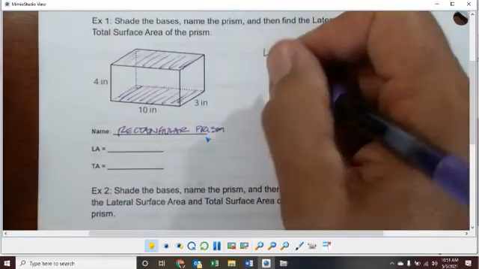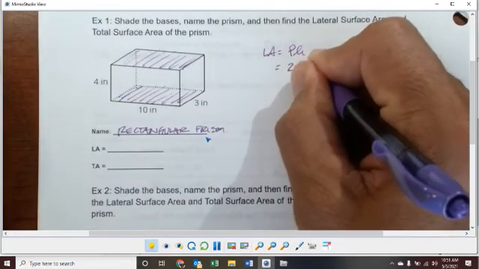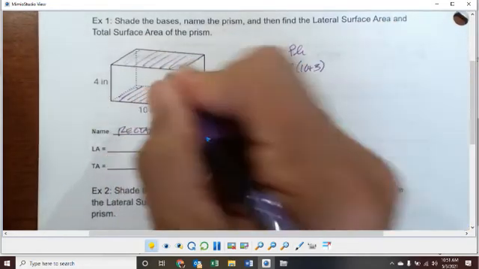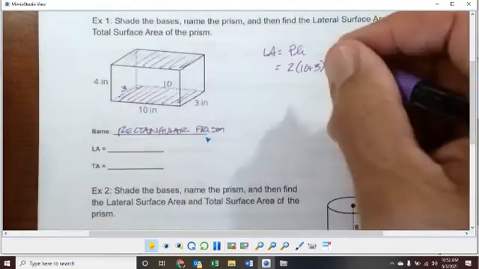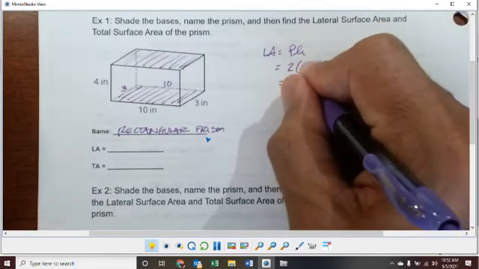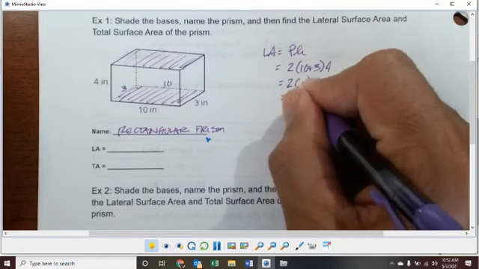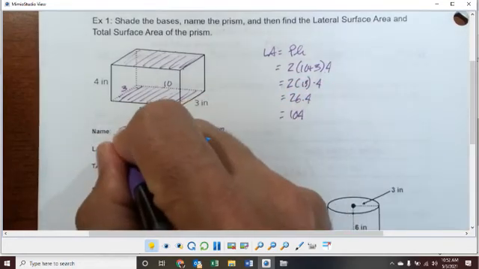So the perimeter of this guy is 2 times 10 plus 3. The back over here is 10, and this side is 3 as well. And our height all the way around is 4. So this is 2 times 13 times 4, which is 26 times 4. That is 104. Our lateral area is 104.